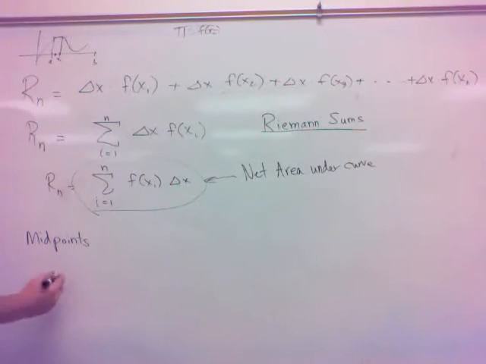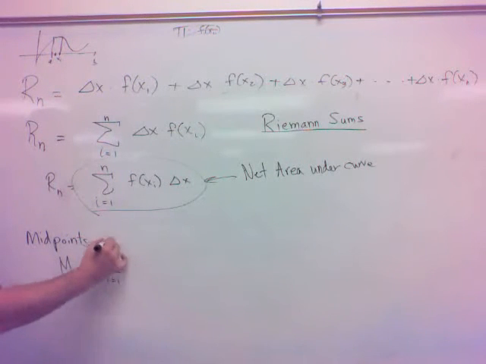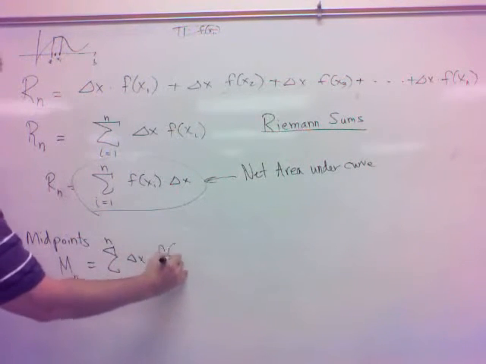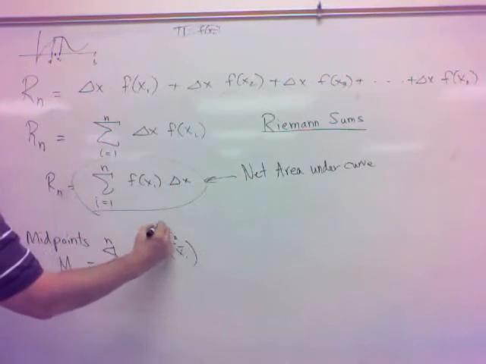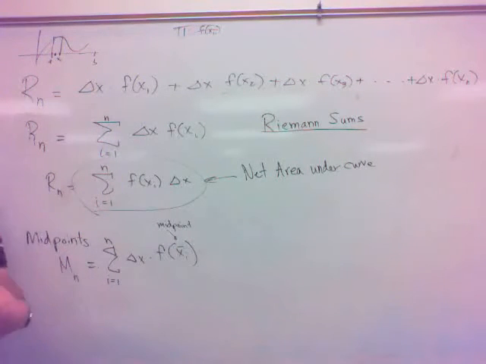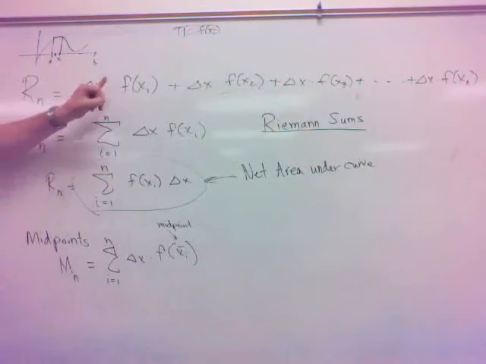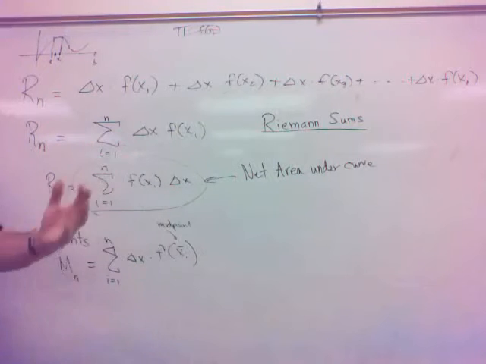That's one way we could do it. Call it M sub n, midpoint n. That would be the sum from i equals 1 to n of delta x times f of x sub i bar, which just means the midpoint in your ith interval. If you're in your first interval, it's the midpoint of the first interval. So instead of x sub 1 for this one, we'd be doing the midpoint of the first interval. Call it x1 bar.